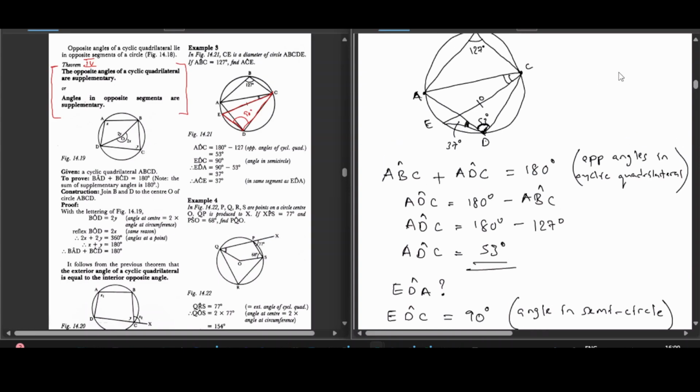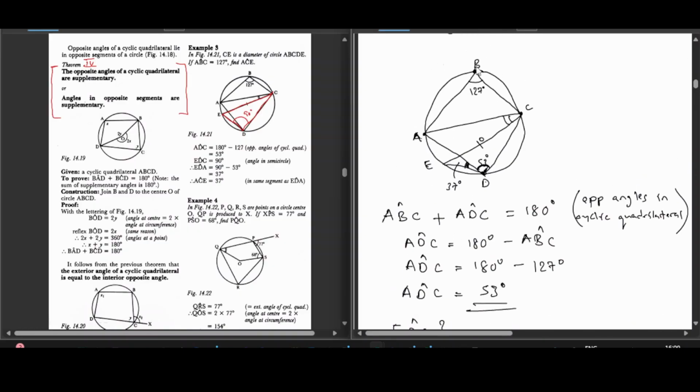But my scissors were visible here. I'm sorry, I should write the final answer here. I don't know if you saw that this angle here is equal to angle E, because they are formed by the same chord, or in the same segment. So we say ACE is equal to, we can call this ADE.